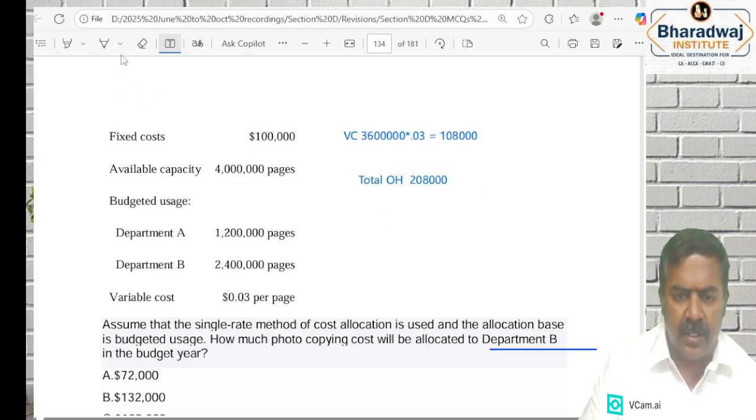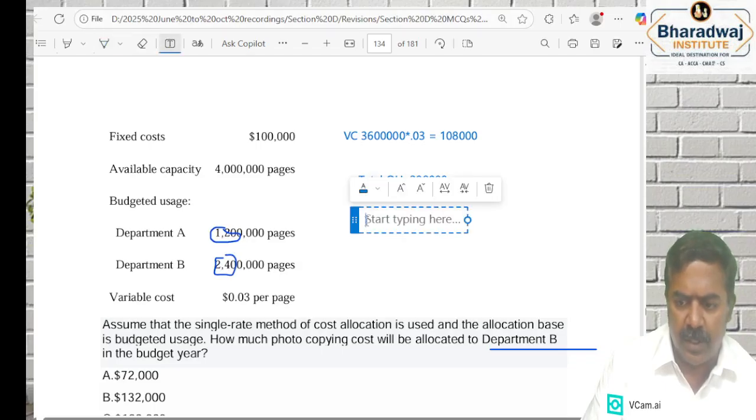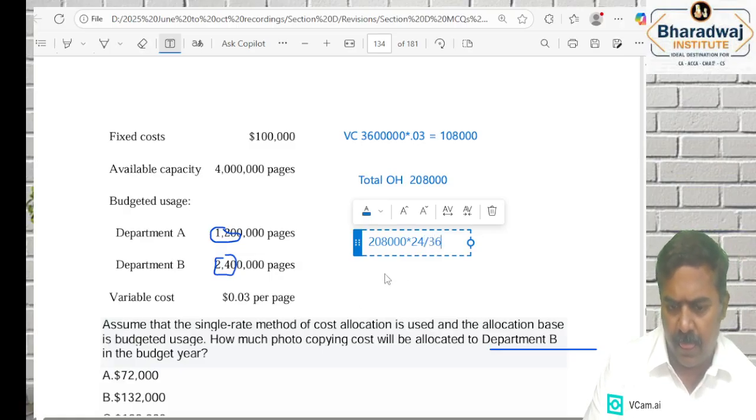That will be apportioned in number of pages ratio, 12:24. Department B, so 1 is to 2, 2 by 3. 24 by 36, 12, 2 by 3. 138.6666.